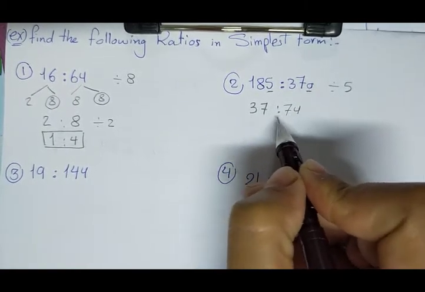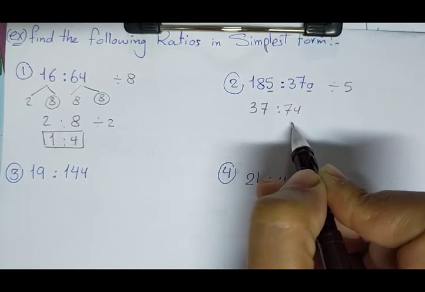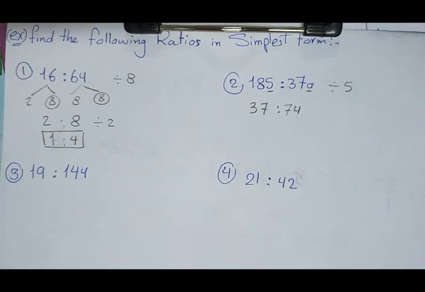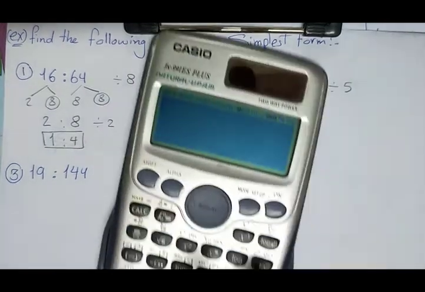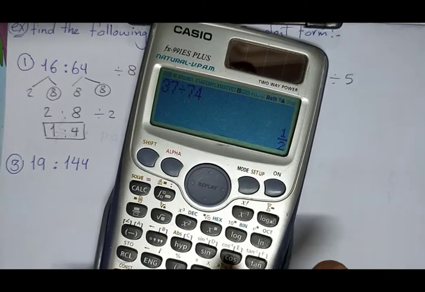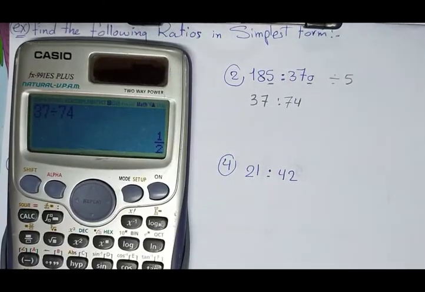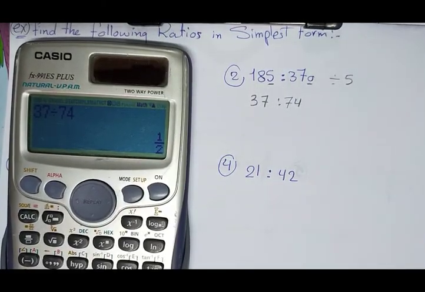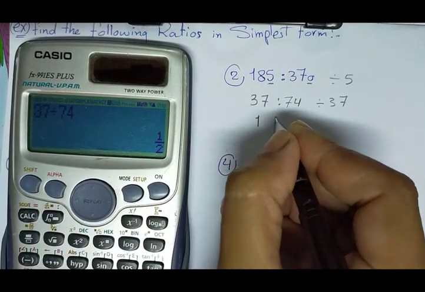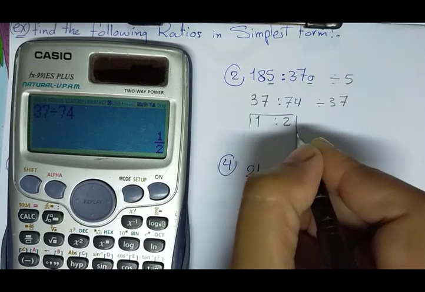Check if it is in simplest form or not. To make sure, try using a calculator. 37 divided by 74 gives a half, so I can simplify again by dividing by 37, which gives 1 to 2.